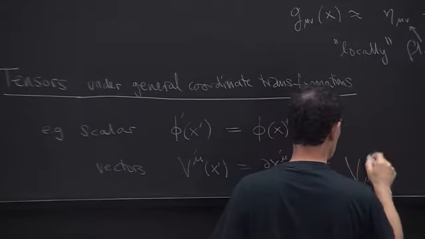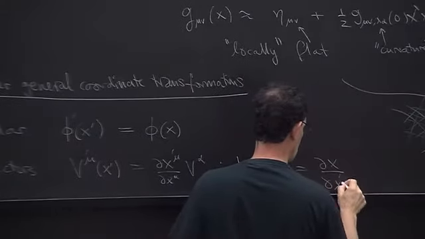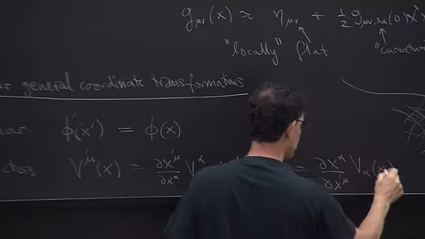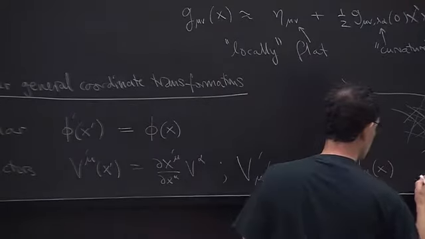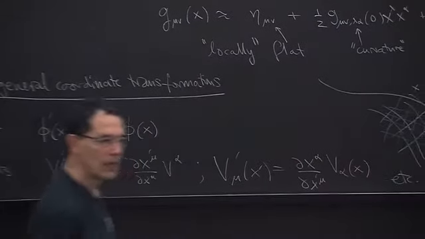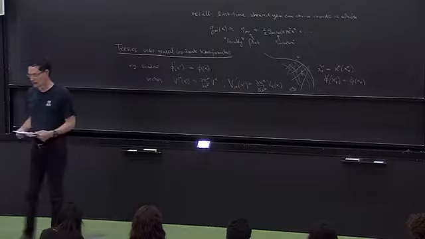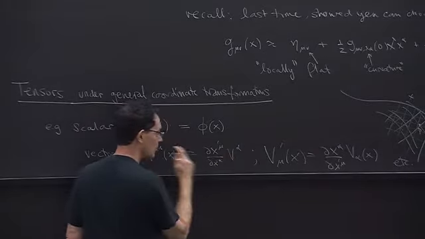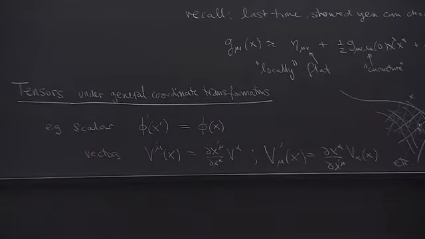And v mu prime, etc. The rule is there's always one of these Jacobian matrices for every index, and it's dx prime over dx if the index is up, and dx over dx prime if the index is down, and so on.